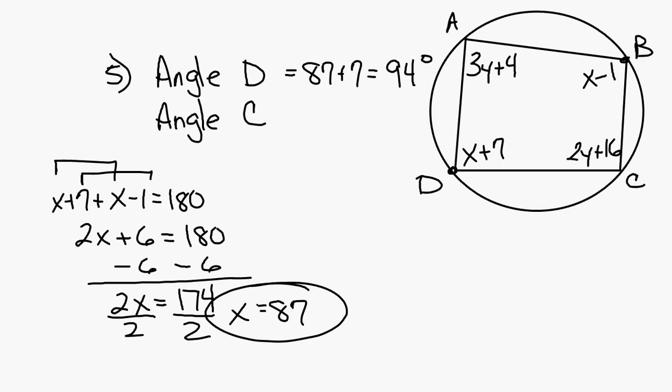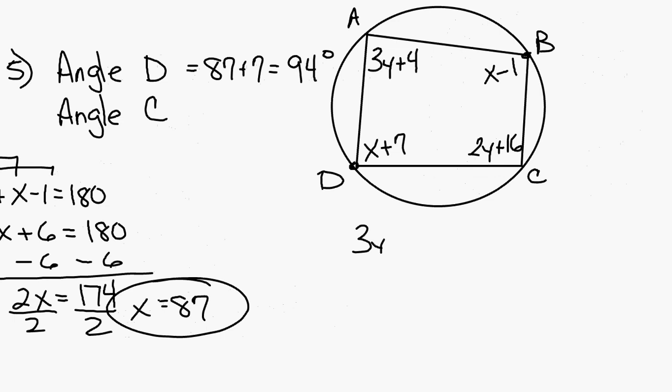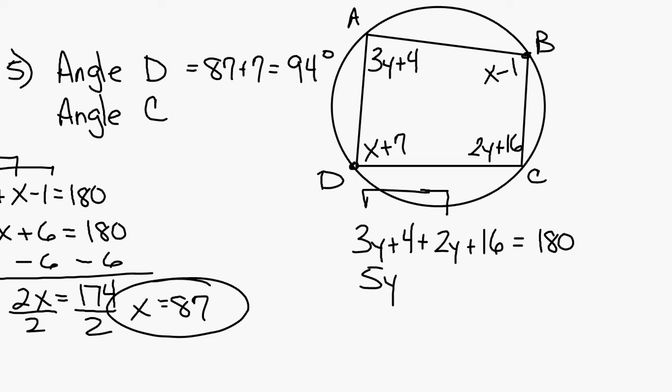For your y's, you've got 3y plus 4 plus 2y plus 16. Those two angles equal 180 degrees. So again, combining like terms, 3y plus 2y is 5y, and 4 plus 16 is positive 20, and that equals 180.